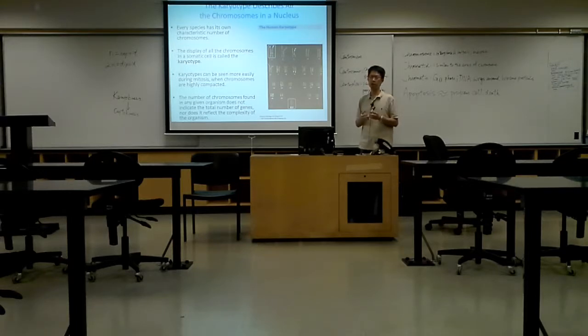compatibility of reproduction is the way we define species. If two animals are of the same species, then they can reproduce. Not only can they reproduce, their offspring can survive, and not only can they survive, but the offspring can also reproduce. The main reason is that animals of different species, most of the time, have different numbers of chromosomes.